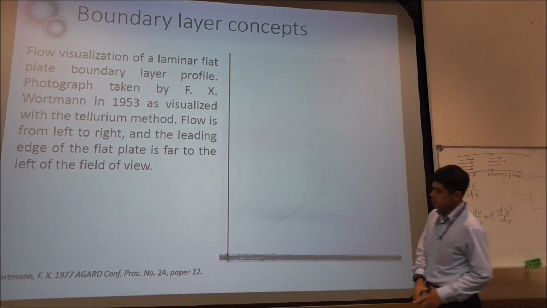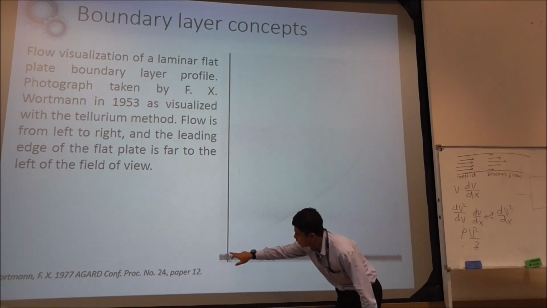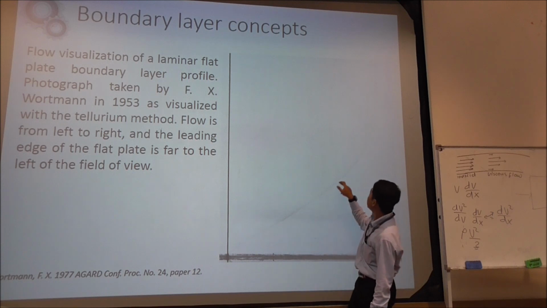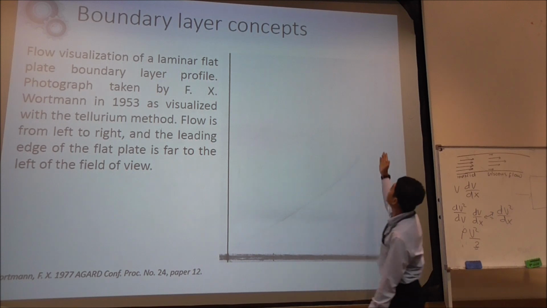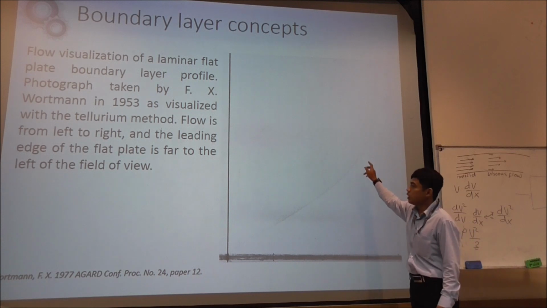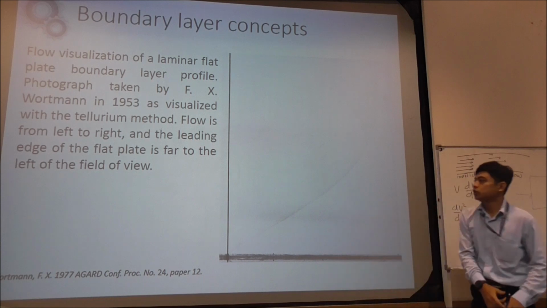From the flow, you can see that the velocity in here is zero. Then it goes along, getting higher, and afterward it will become flat. So this is the real measurement.